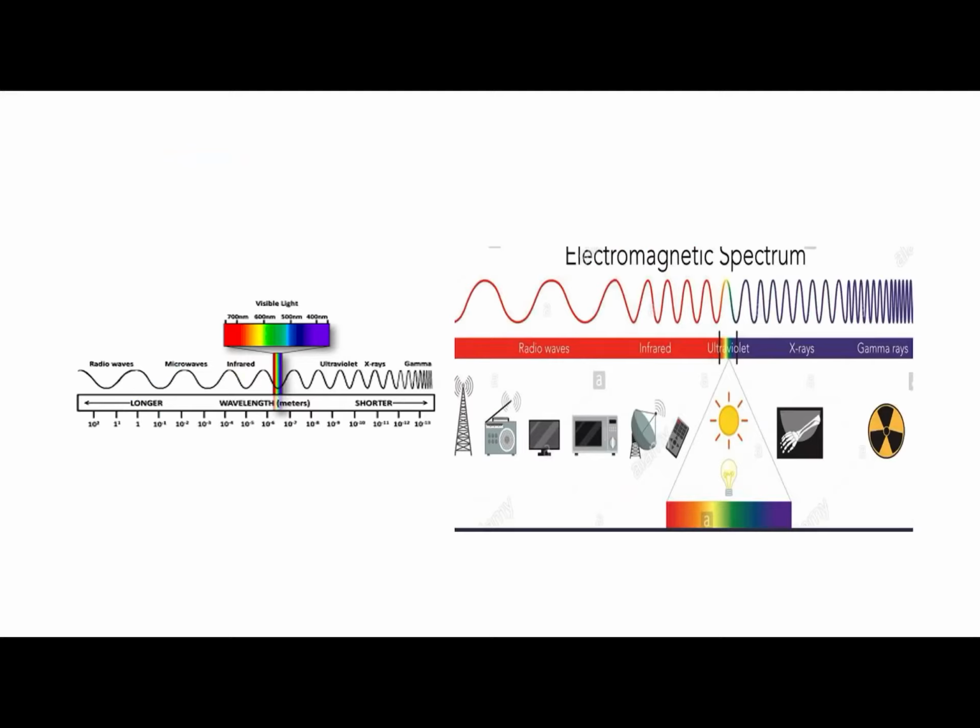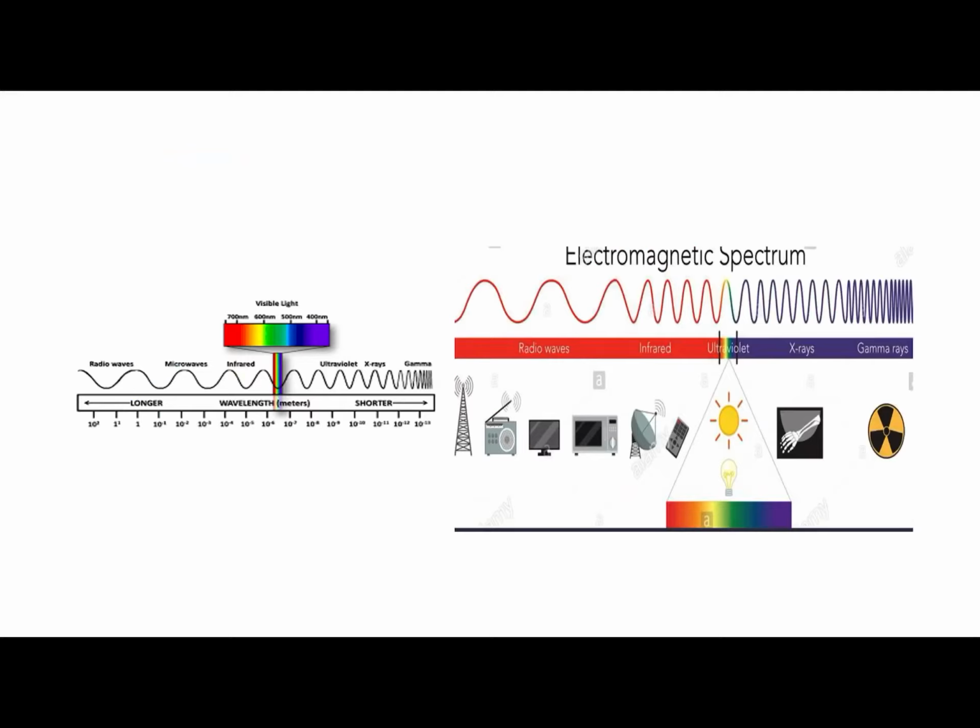Their frequency is in the range of 500 kHz to 1000 MHz, around 10 to the power 6 Hz. Radio waves are used in communication systems.